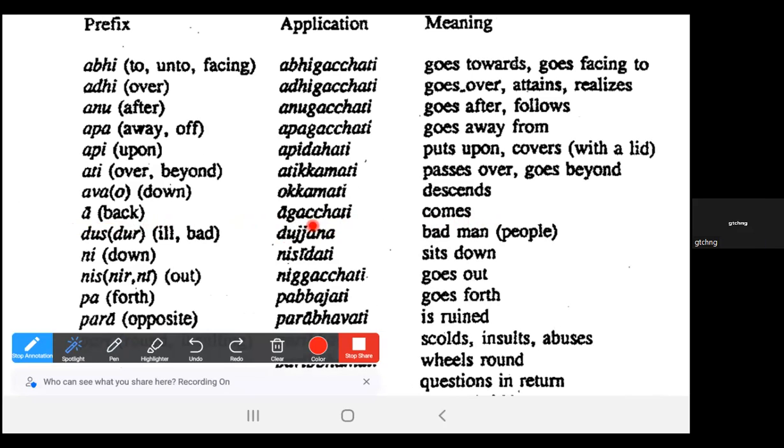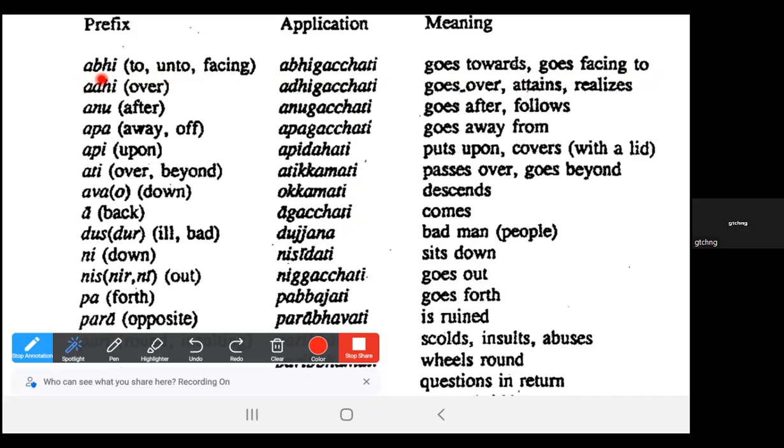If you put abhi with gacchati, abhigacchati, the meaning changes to goes towards, goes facing to.